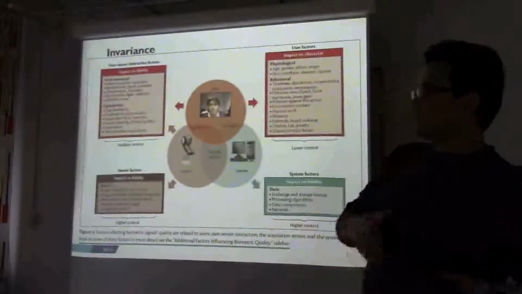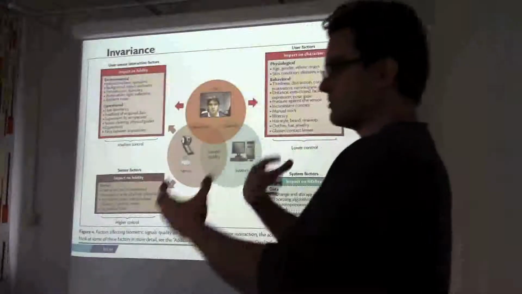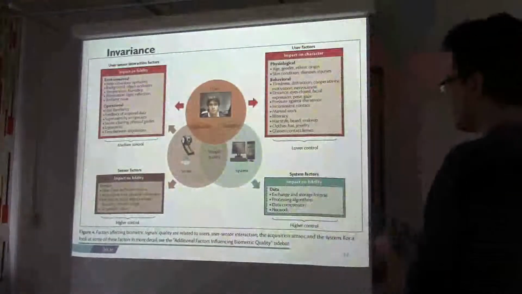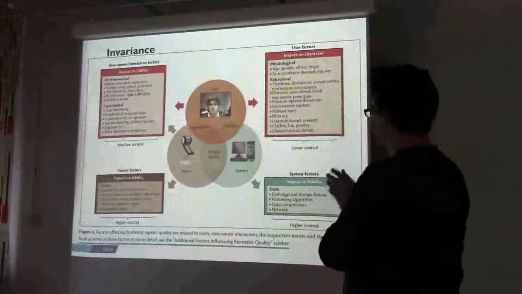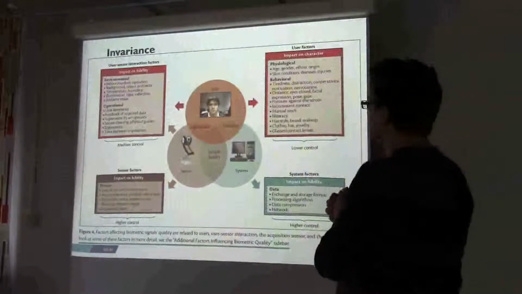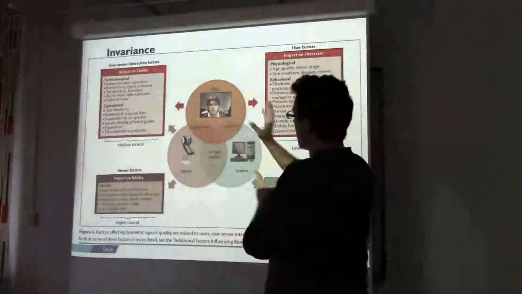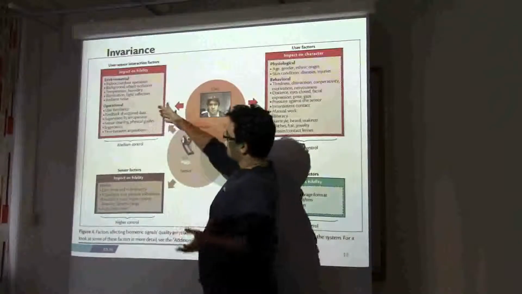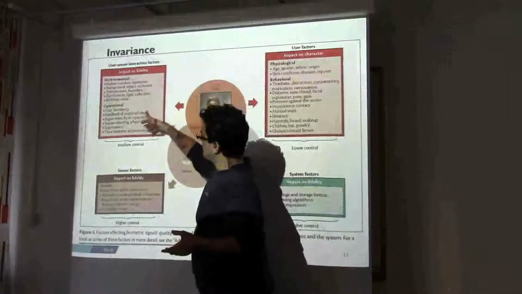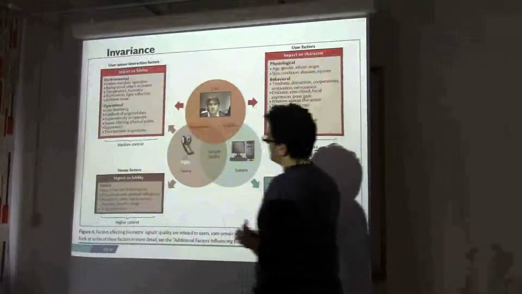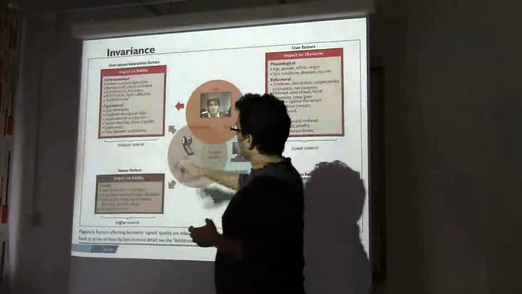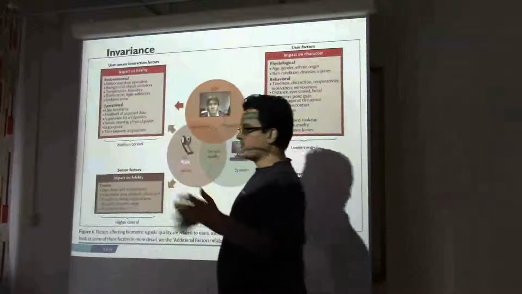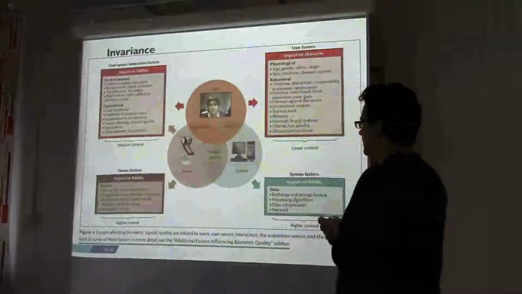You have young people that are able to use machines, so the interaction with the system changes. These are factors that should be taken into account. For the environment, the operation of the system, if the user is familiar or not, how the sensor is used, how time passes between different acquisitions, a lot of things.